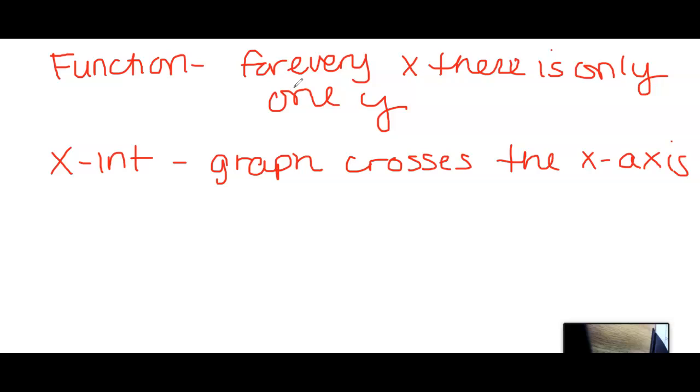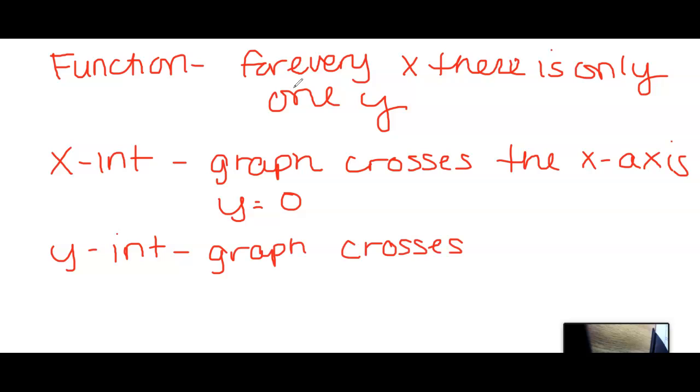The y value here is always 0. The y-intercept is the converse of that. It's where the graph crosses the y-axis. And x equals 0.